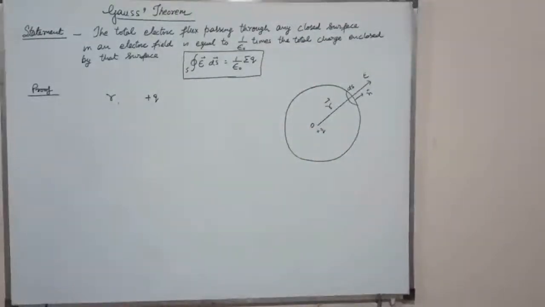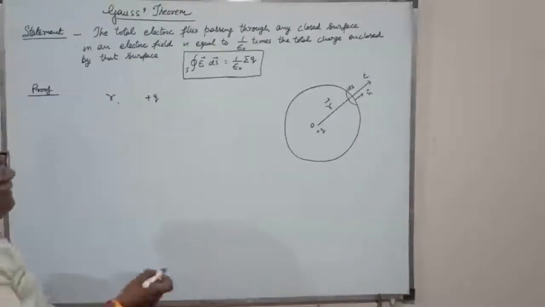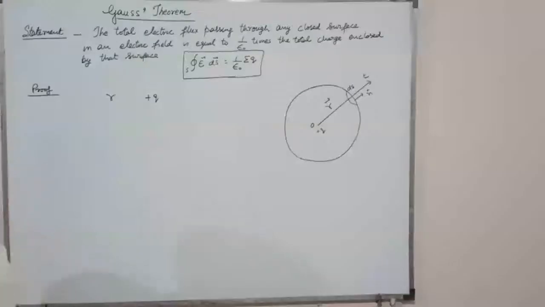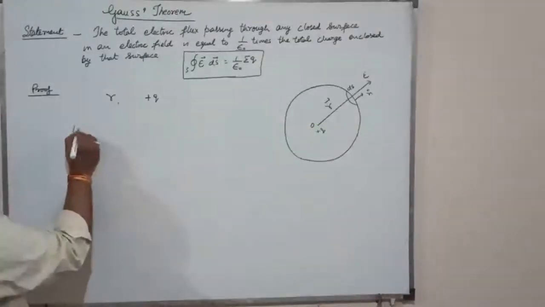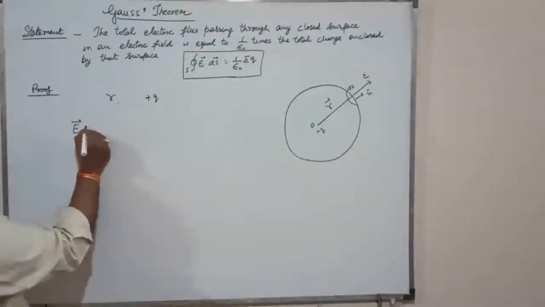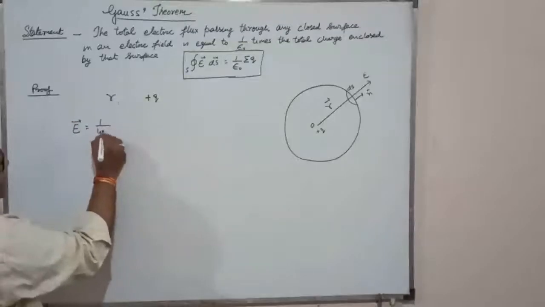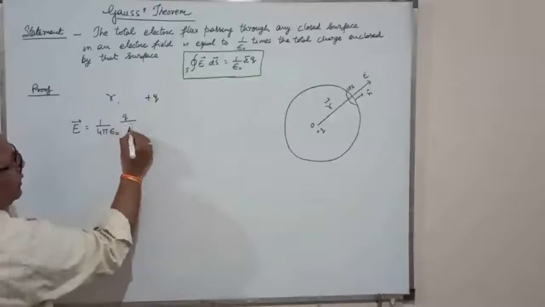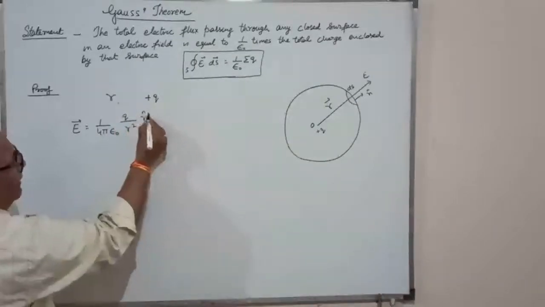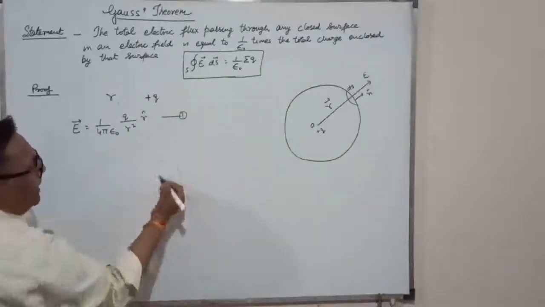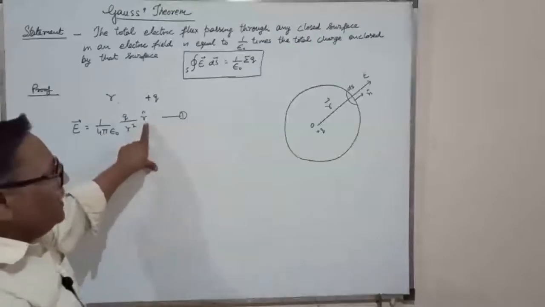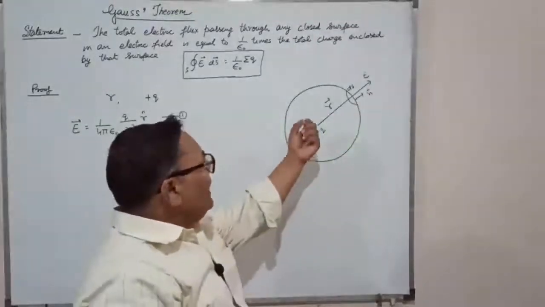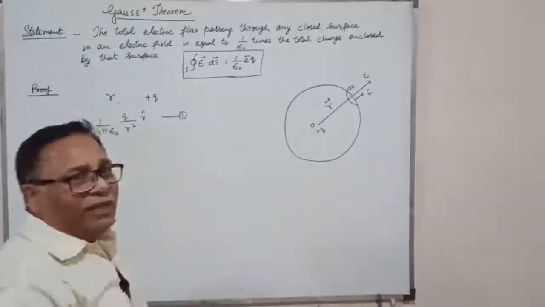Now the electric field intensity at any point of the spherical shell, according to Coulomb law, is E equals 1 upon 4 pi epsilon 0 q upon r square r cap. Equation 1. r cap is the direction of this electric field intensity, acting along the radius of the spherical shell.